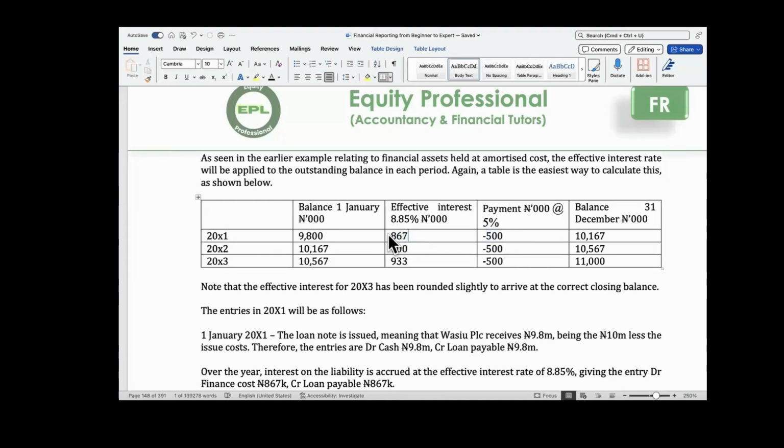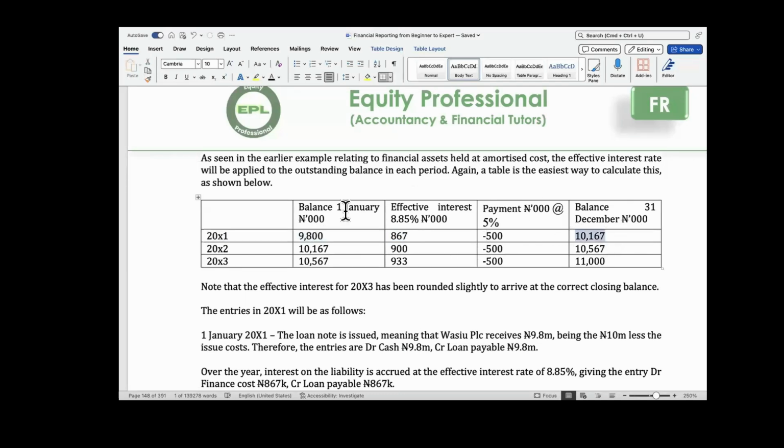I'm saying that in addition to this 5%, there are other costs like premium, issue costs. All of those are part of our finance cost. So it's 867. So that's what goes to P&L as finance cost. So by the time you add the 867 to 9.8, you remove 500, we get 10,167.